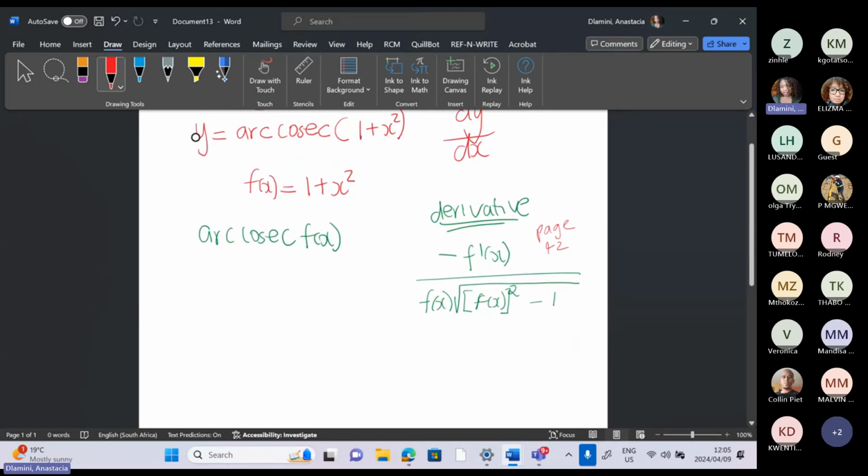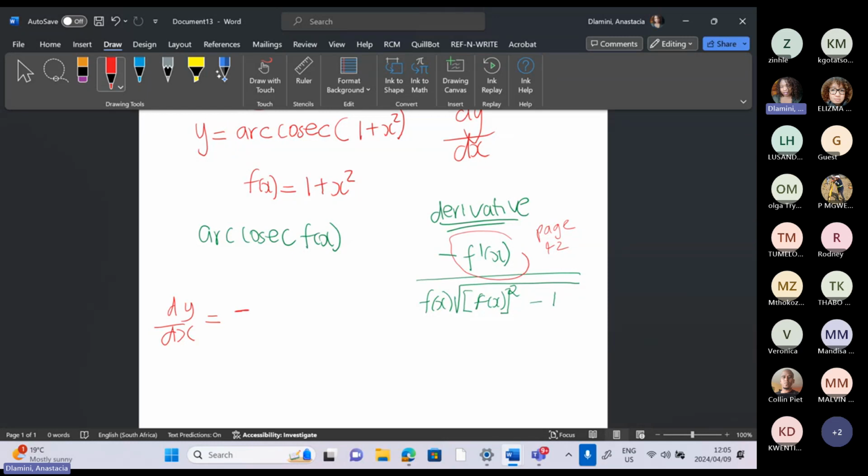Thank you. Now, how are we going to do this, guys? We have identified our f of x. You can either go straight and substitute, or you can do the things outside and then substitute. Whichever works for you, it's still fine. Now, for example, on the derivative, let's write, we're looking for dy over dx. They say minus, what is the derivative?